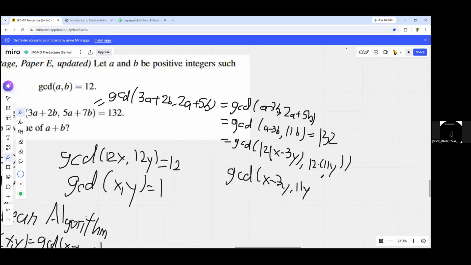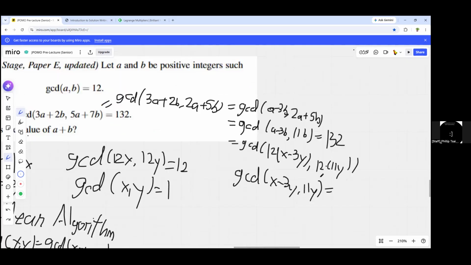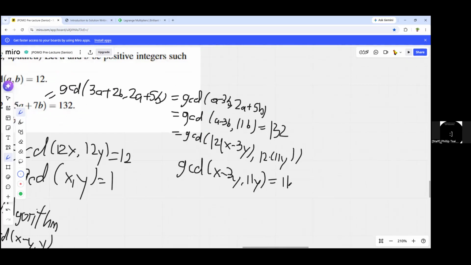Wait, sorry, I made a mistake. Oh yes, it's equivalent to 11, because we divide 132 by 12.